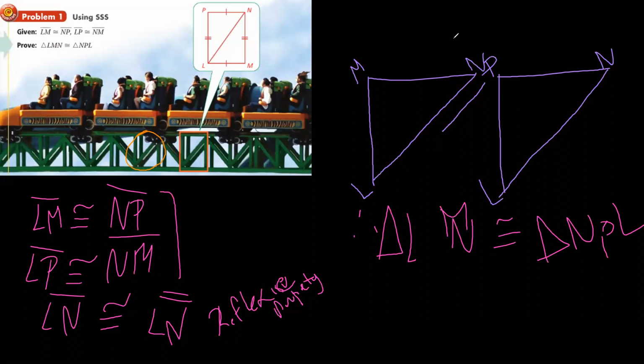So if you want to draw it as corresponding to each other, you will say that LM is corresponding to PN, and NM is corresponding to LP, and so on.